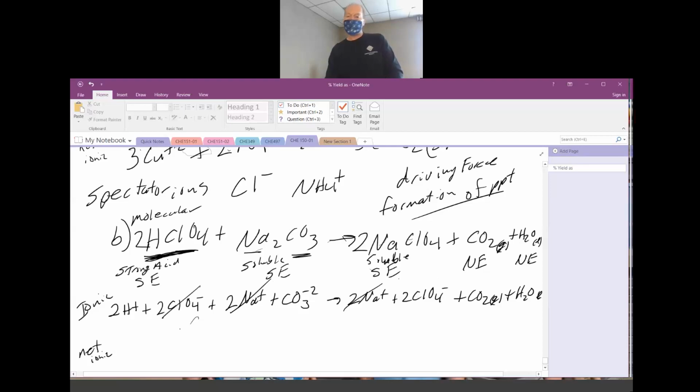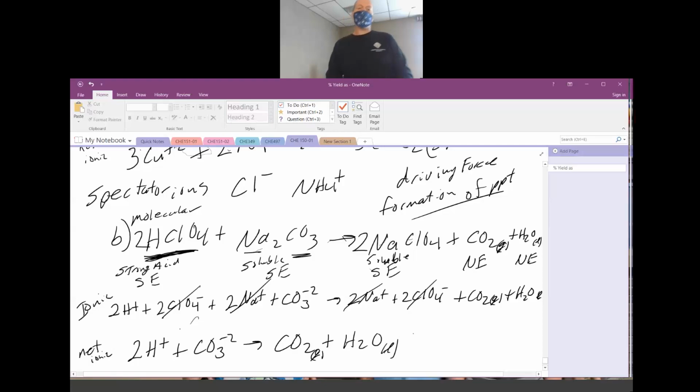Your 2 ClO4 minuses also are on both sides, and they are gone. So the net ionic is 2H plus and CO3 minus 2, yielding CO2 and H2O. All right, CO2 is a gas, H2O is a liquid. All right, and so the driving force of this one is formation of a gas.